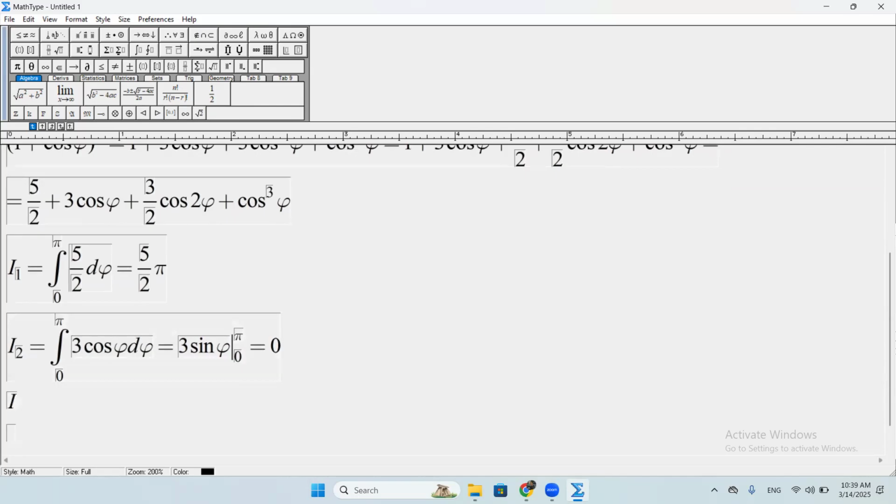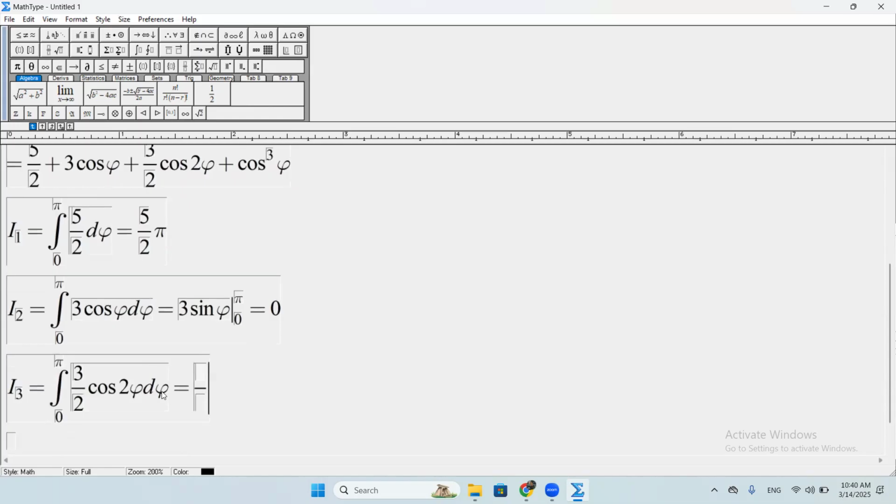Then I3. We will integrate 3 over 2 cosine of 2 phi, and we will receive 3 over 4 sine of 2 phi with substitutions from 0 to pi.